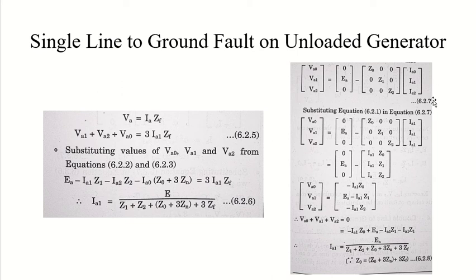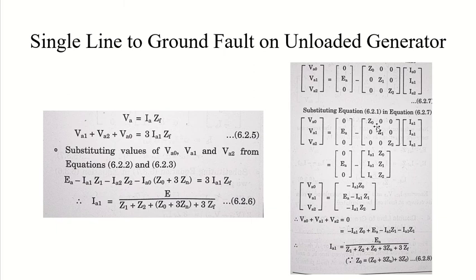Now what we will do, because we know all three currents have the same values, zero sequence, positive sequence and negative sequence currents are having the same values. So can't we write ia1 instead of ia0 and ia2? So we will write it simply here, right?